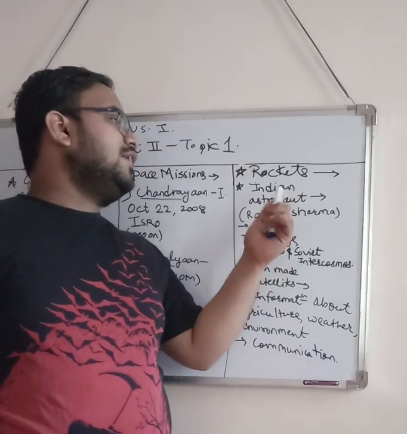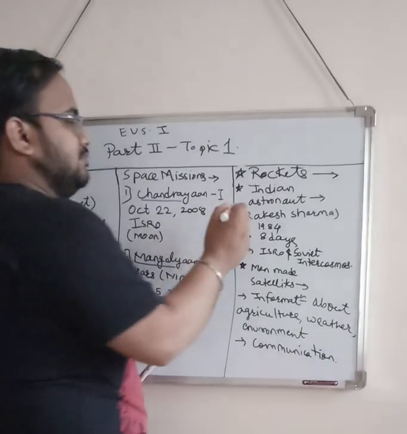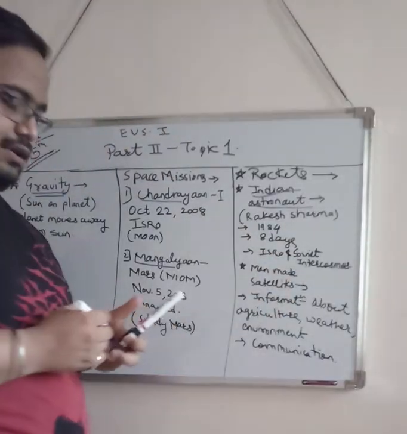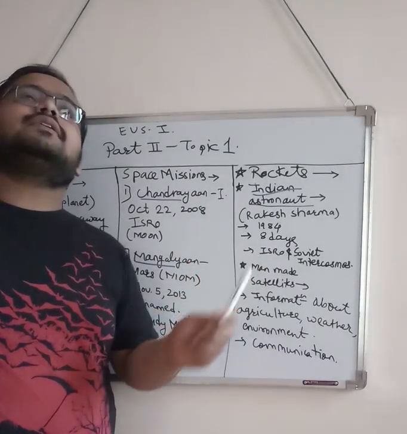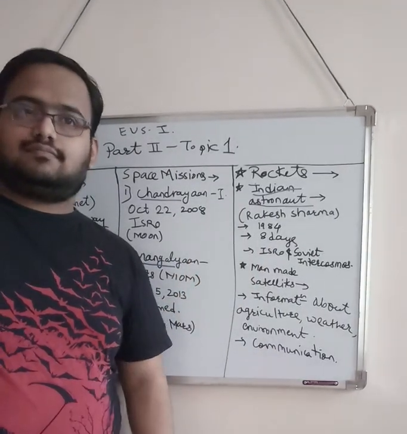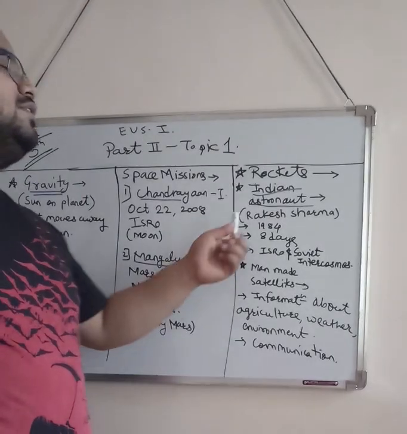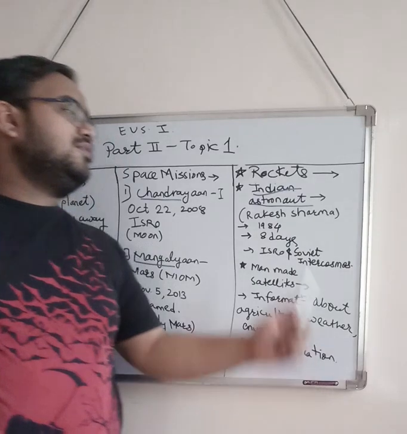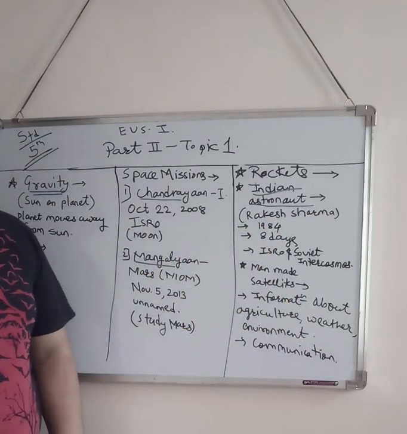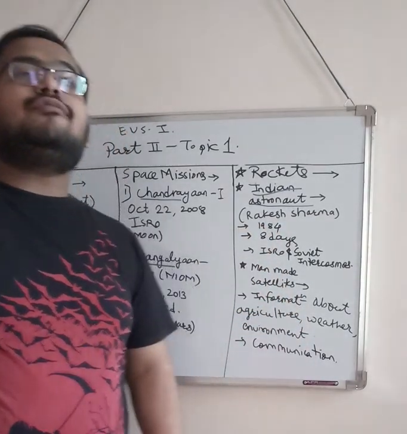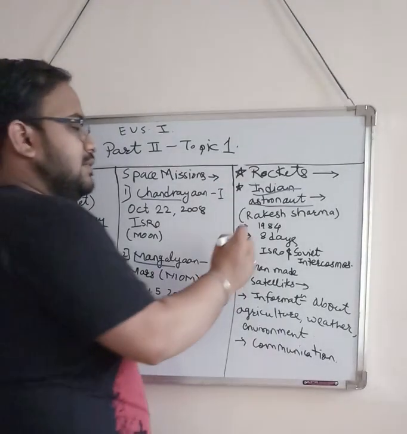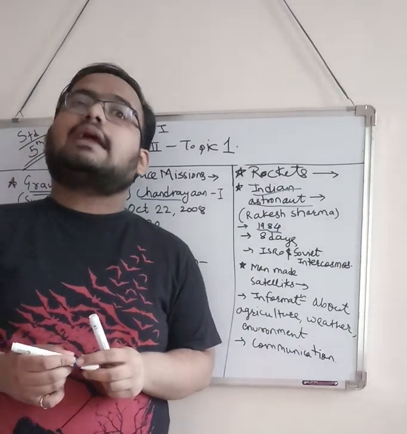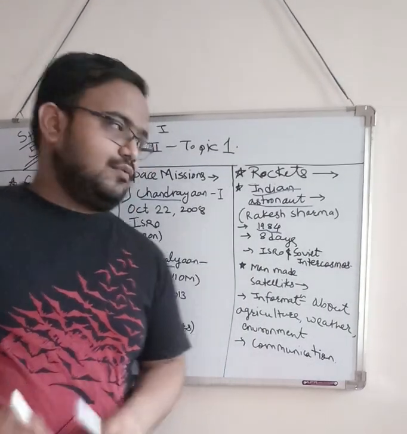Now we study about Indian astronauts. Astronaut means a person who studies about space. The first Indian astronaut was Rakesh Sharma. He went into space in the year 1984.